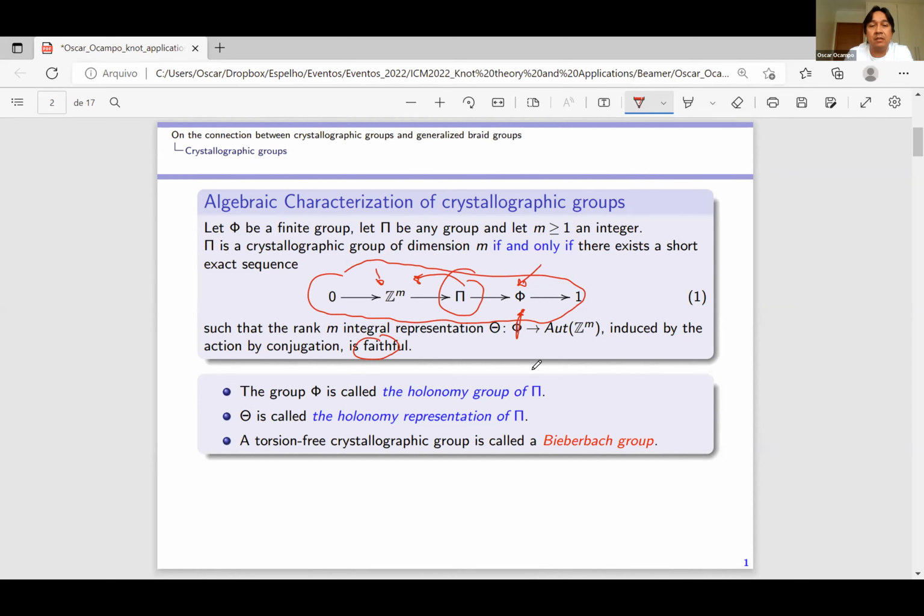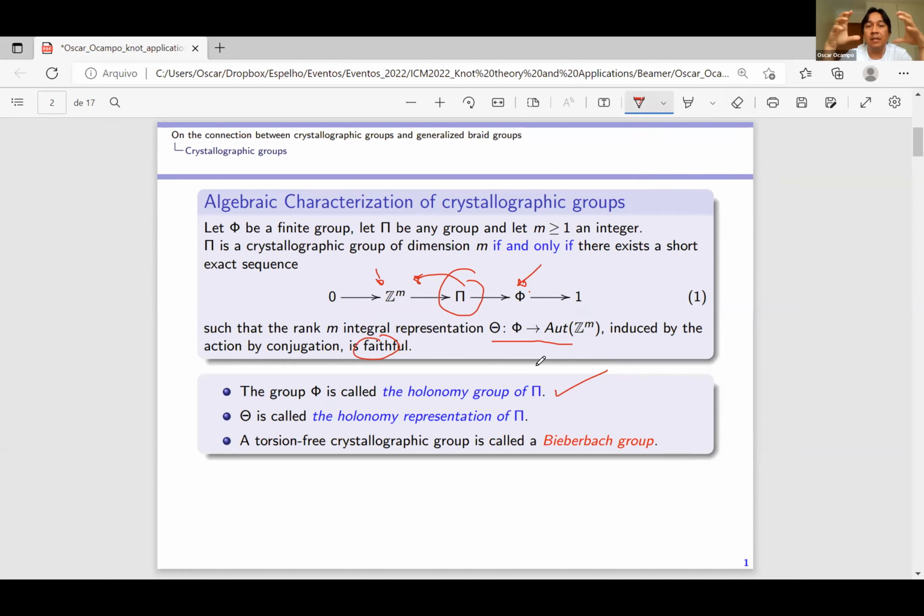Some definitions: the finite group is called the holonomy group of the crystallographic group. The integral representation, recall that you have the finite group in the domain, is called the holonomy representation.